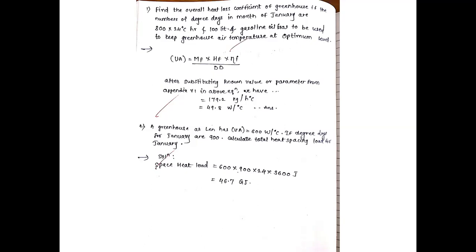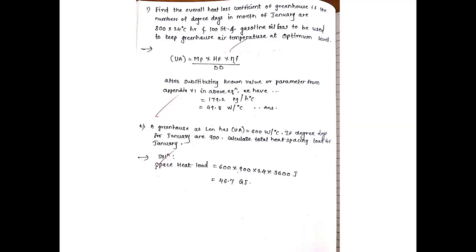Second problem: a greenhouse at lane has VA equal to 600 watt per degree Celsius. If degree days for January are 900, calculate total space heat load for January. Space heat load is equal to 600 into 900 into 24 into 3600 joule, that is heat, which is equal to 46.7 gigajoule.